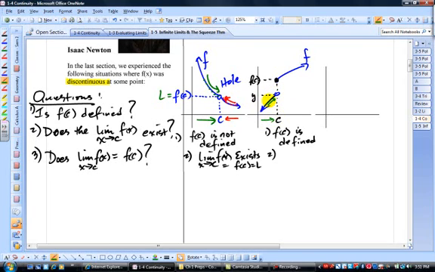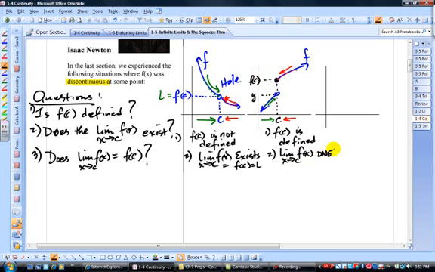So the left-hand limit is y, and the right-hand limit, as we come in from the right, the y values there are approaching f of c. So the right-hand limit is f of c, the left-hand limit is y. Those are obviously different, and because the left and right-hand limits are different, we say the limit does not exist. So the limit of f as x approaches c does not exist here.